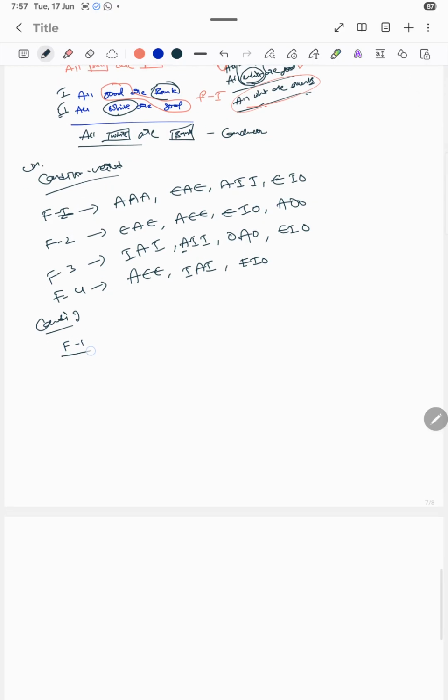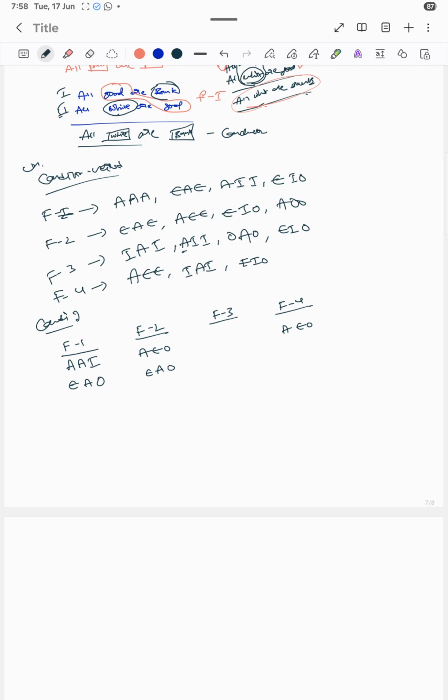In figure 1 we have AAI and EAO. These are conditionally valid, I will tell you why. In figure 2 we get AEO and EAO. In figure 3 we don't get anything. In figure 4 we get AEO.